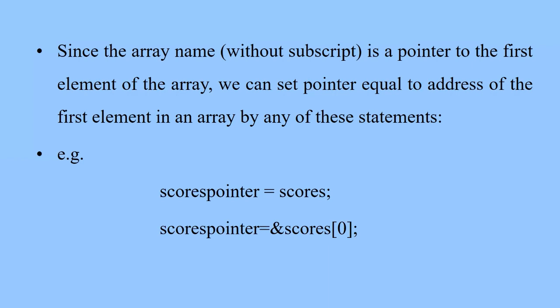Pick the memory address of the first element in the array called scores and assign that address to the pointer called scoresPointer. This is like assigning the address of the array called scores into the memory reserved for the pointer called scoresPointer.